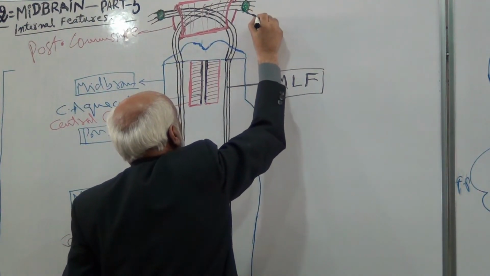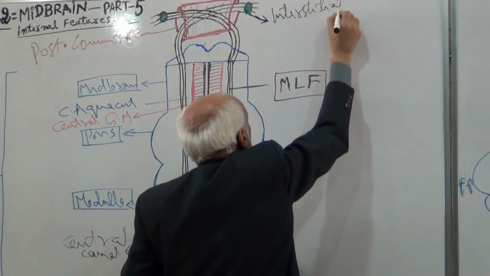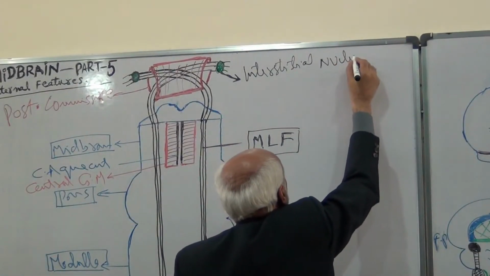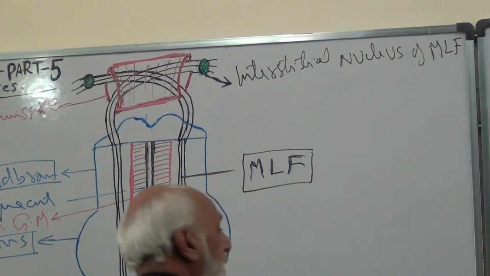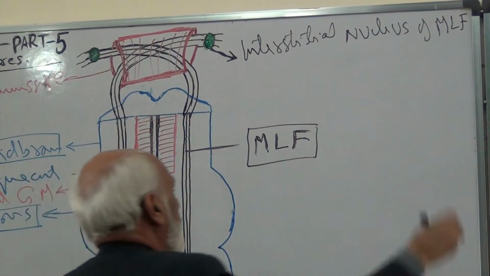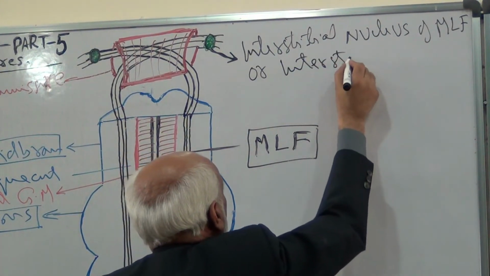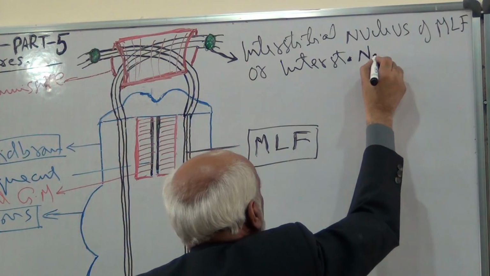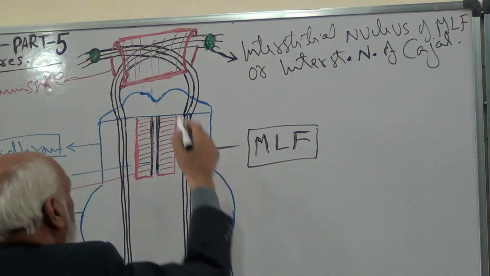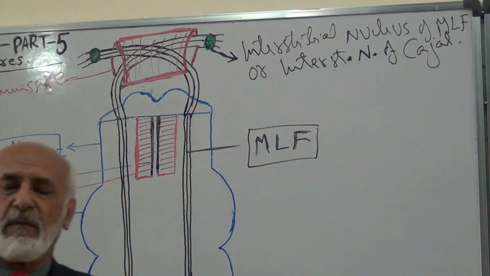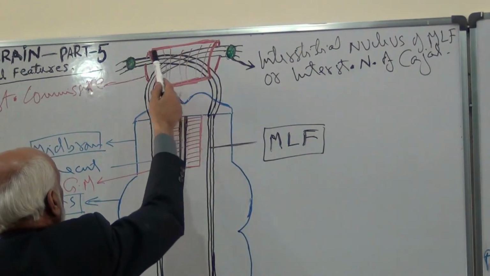This is known as the interstitial nucleus of the medial longitudinal fasciculus, also known as the interstitial nucleus of Cajal. So the interstitial nuclei of the MLF, or Cajal, are interconnected by fibers which pass through the posterior commissure.